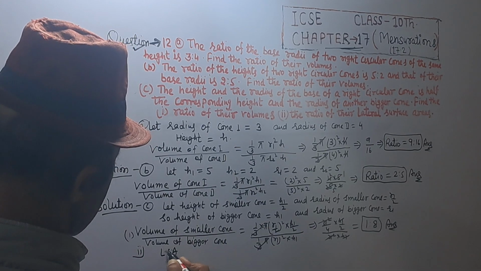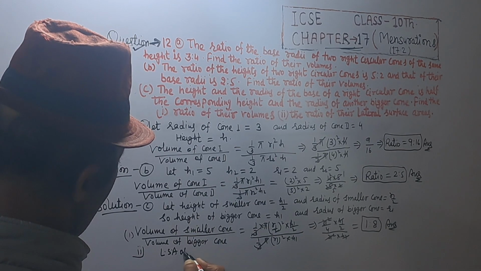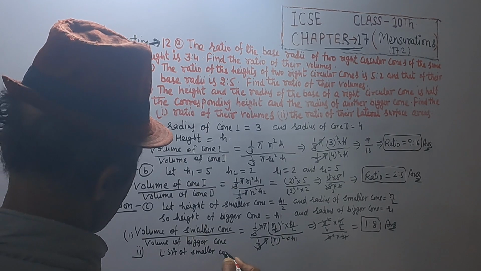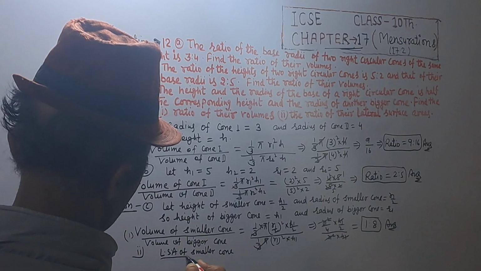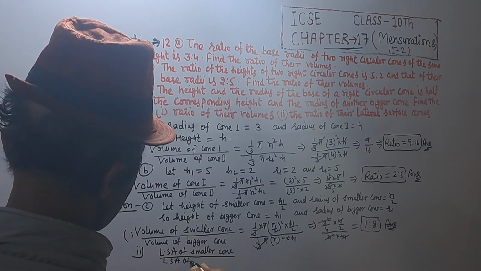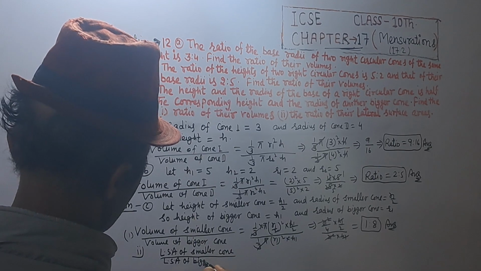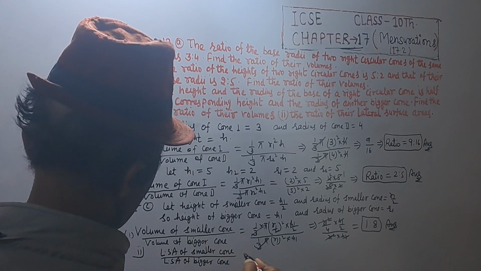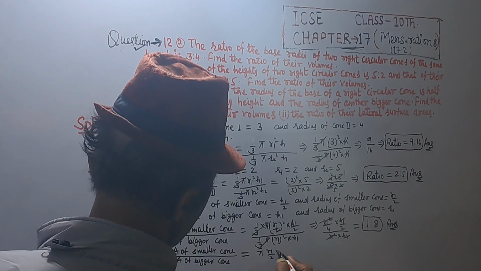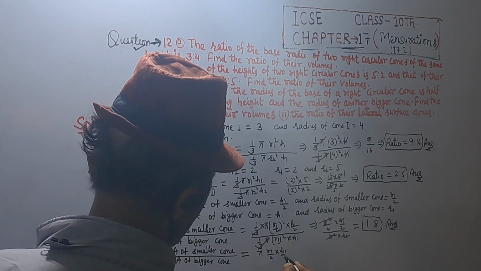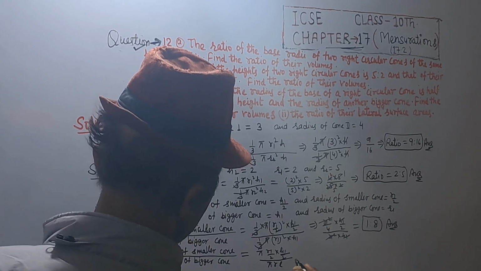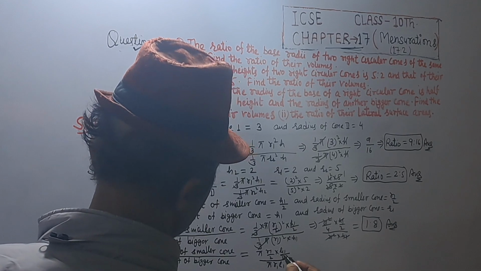Lateral surface area of smaller cone upon lateral surface area of bigger, that is equal to pi r1 upon 2 into l1 upon 2 divided by pi r1 l1.